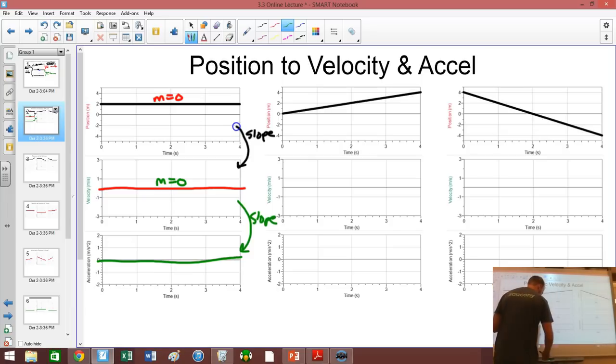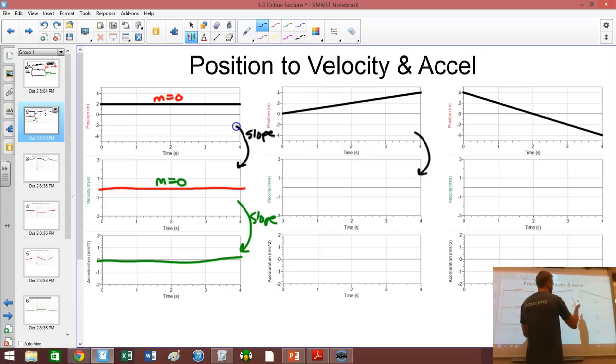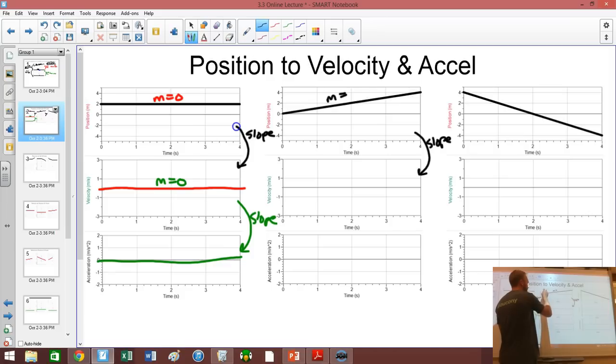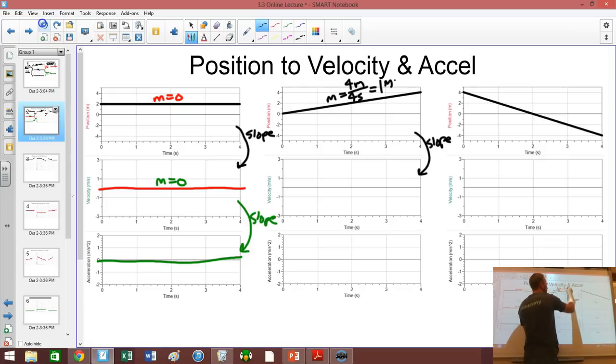Here, we're moving at a constant rate. So again, the slope. The slope of this, it looks like I go 4 meters in 4 seconds. So my slope is going to be 1. 4 meters per 4 seconds. 1 meter per second.